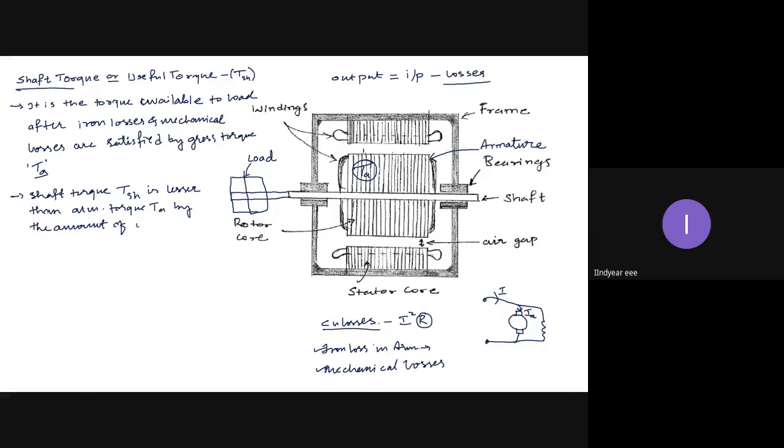By the amount of iron and mechanical loss exclusively, because copper losses are already overcome. Iron and mechanical loss. So what are these iron losses?